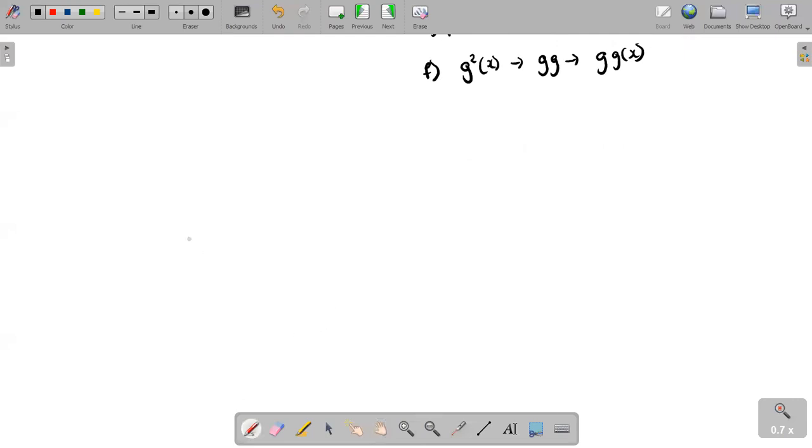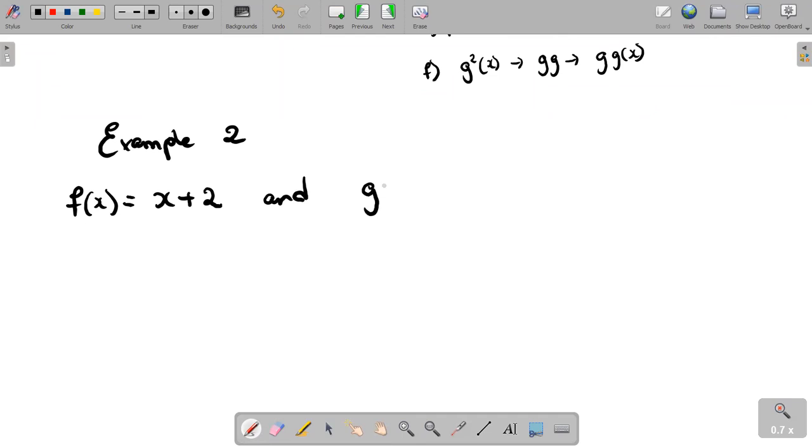So let's take another easy example before we move on. Let's look at this one, Example 2. I'm going to give you f of x is equal to x plus 2, and g of x is equal to 3x plus 1.